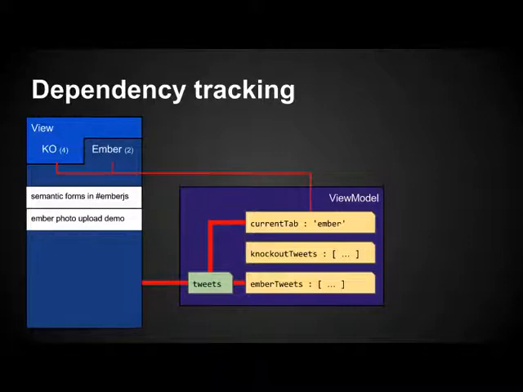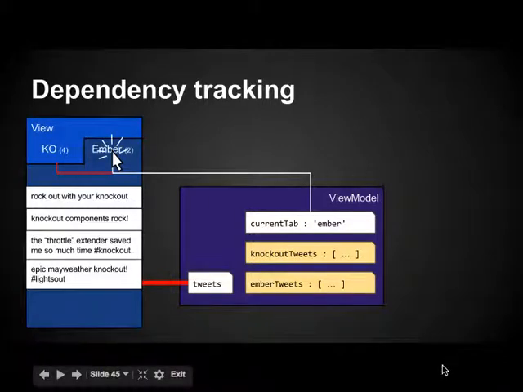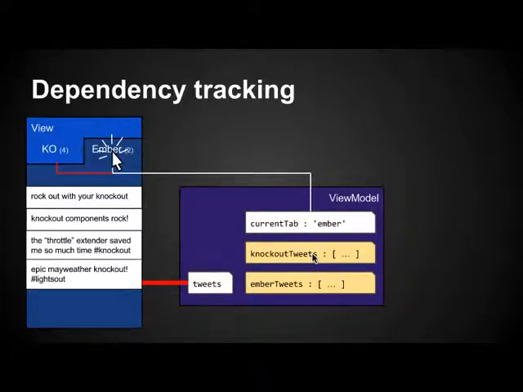How it knows to update the tweets? There's a binding in Knockout called click, where when you click on something, it calls a function in your view model. And in this case, the hypothetical code goes in, it changes the value of current tab from Knockout to Ember. And then once that change happens, Knockout notifies all subscribers to that observable that the tab value has changed. Sorry, I meant how the subscribers know to update as opposed to not update.